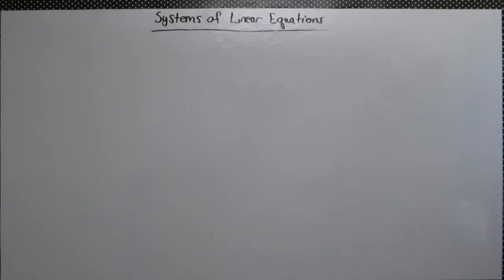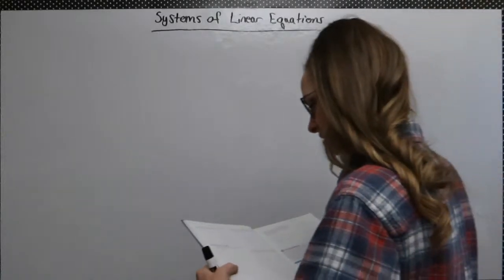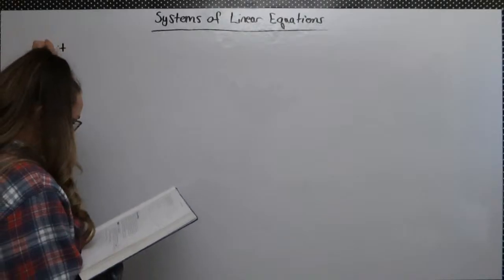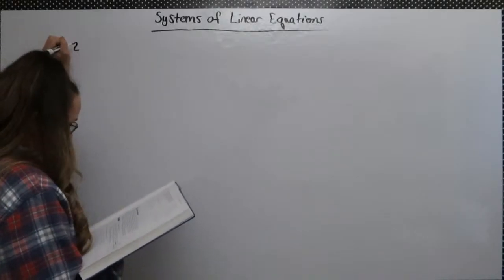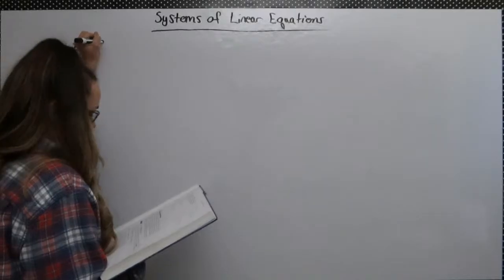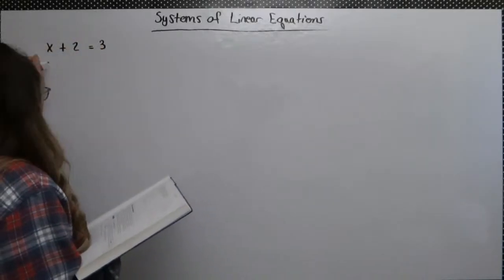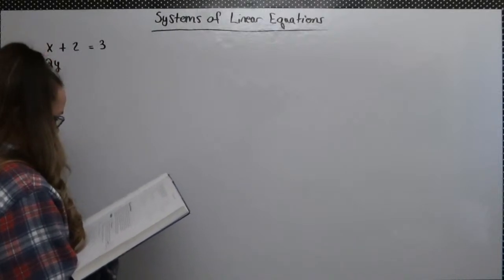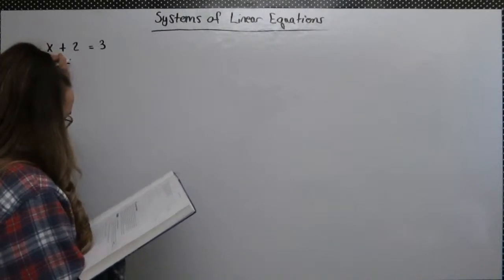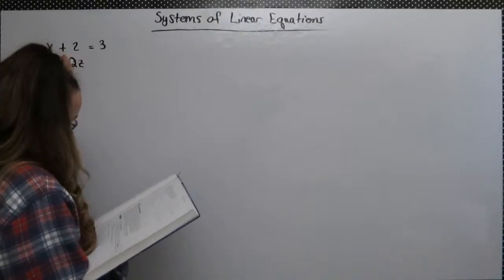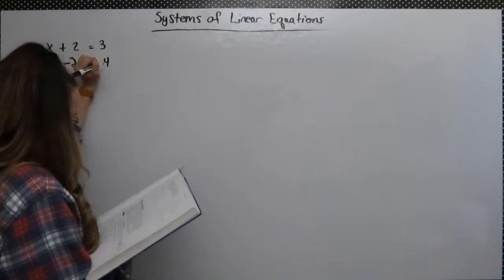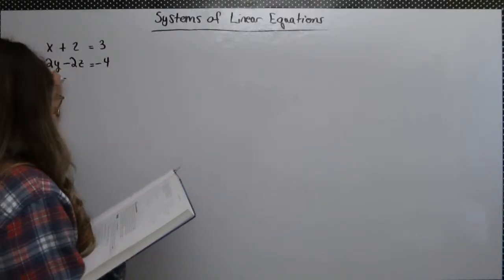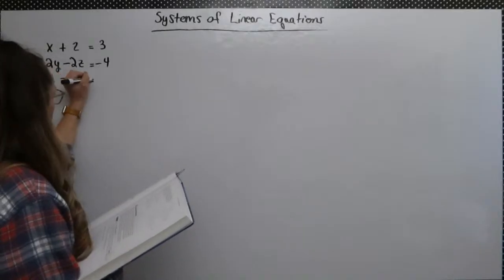So I've got this system, so let's just write it out and look at it. All right. So we have this one. It's x plus z equals 3. And we have, let's see, 2y minus 2z, and that equals -4. And then I have y minus 2z equal 5.